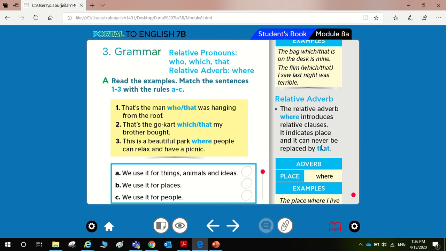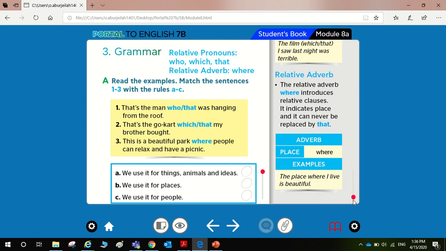So we can't use that instead of where. I use that only instead of which or who. Where, I use it when we talk about place. For example, the place where I live is beautiful.